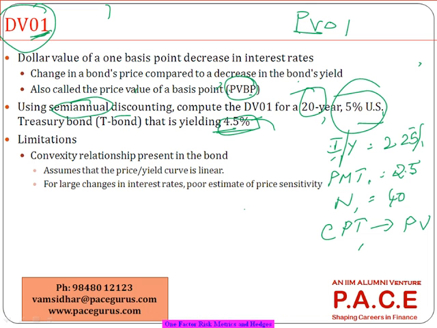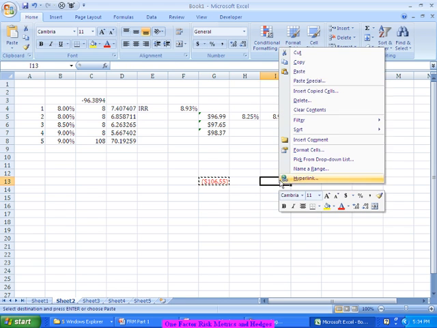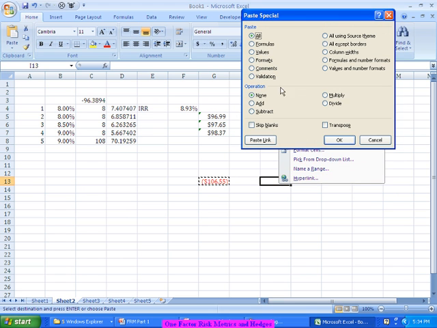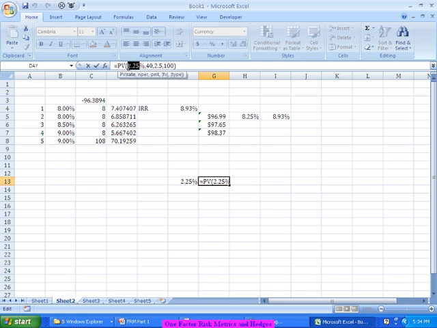Now what we are saying in the DV01 concept is, let's say the interest rate of 2.25% becomes 2.245%.